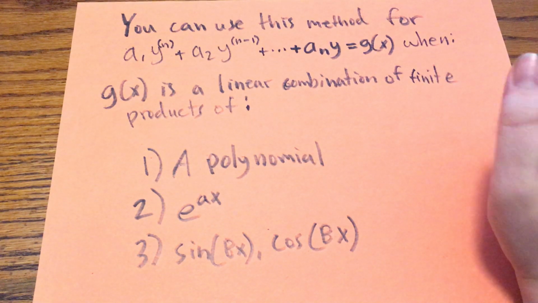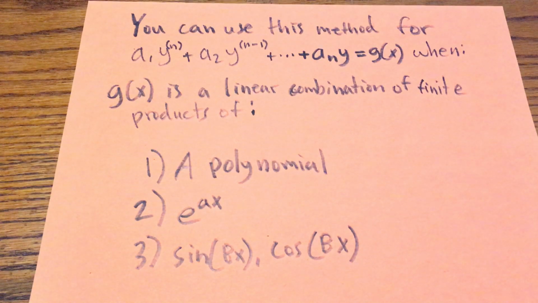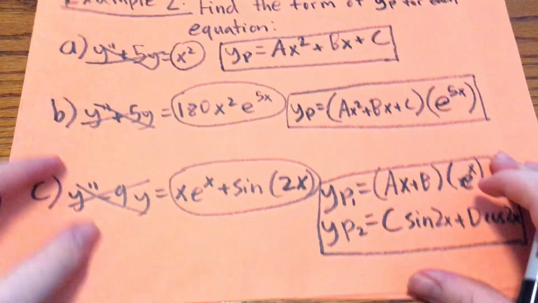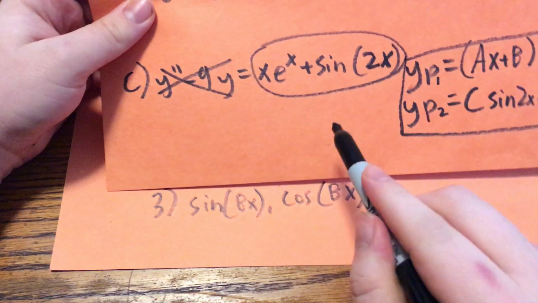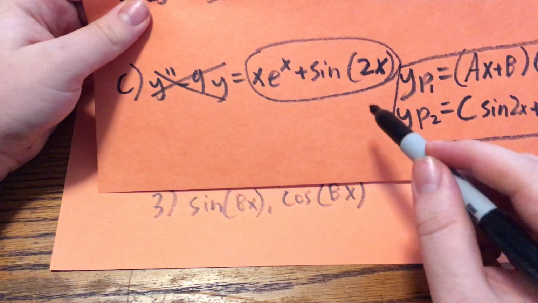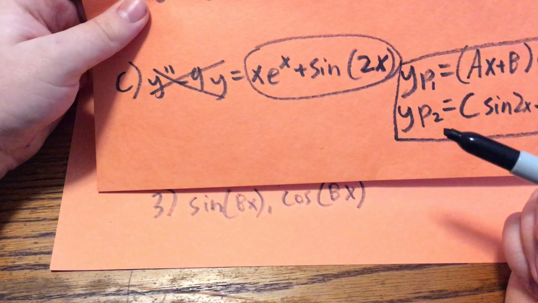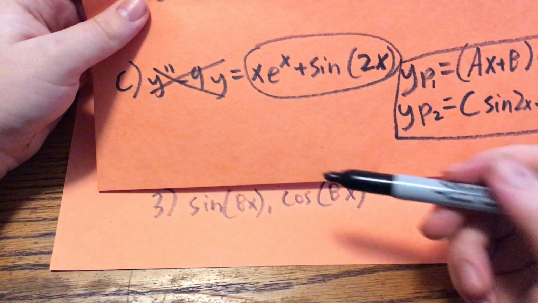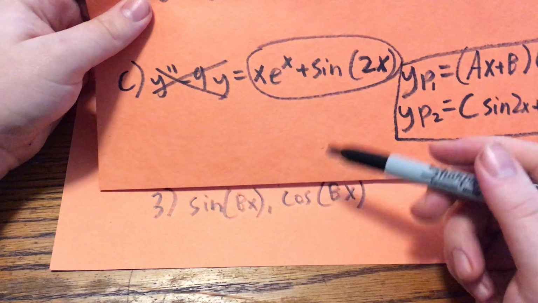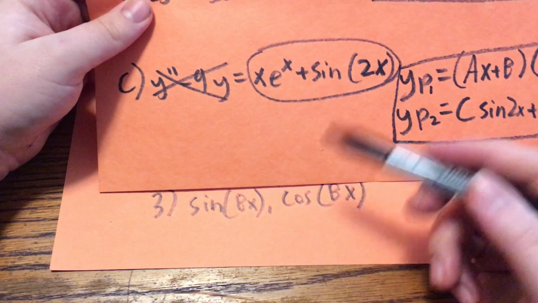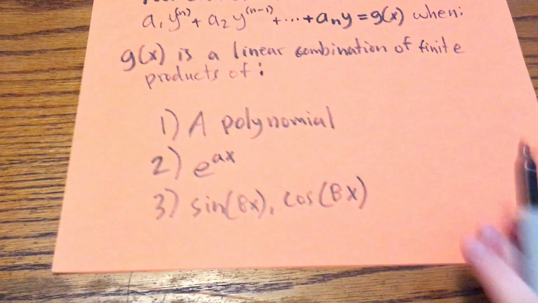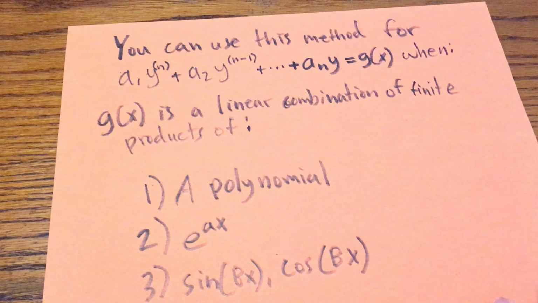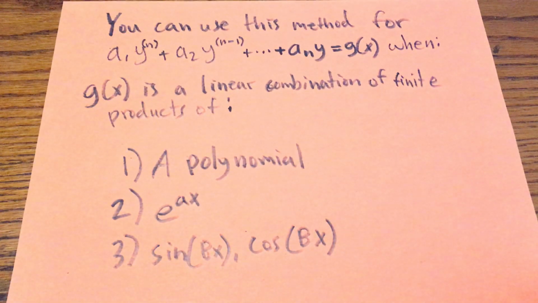But you could, like what I had in the previous example, where we had a linear combination of these three terms, x, e to the x, and sine of 2x. That's what a linear combination is, just any series of addition and multiplication. That includes adding negatives and multiplying negatives. And so yeah, that was example 2, and a little note here to make this method a little more logical.